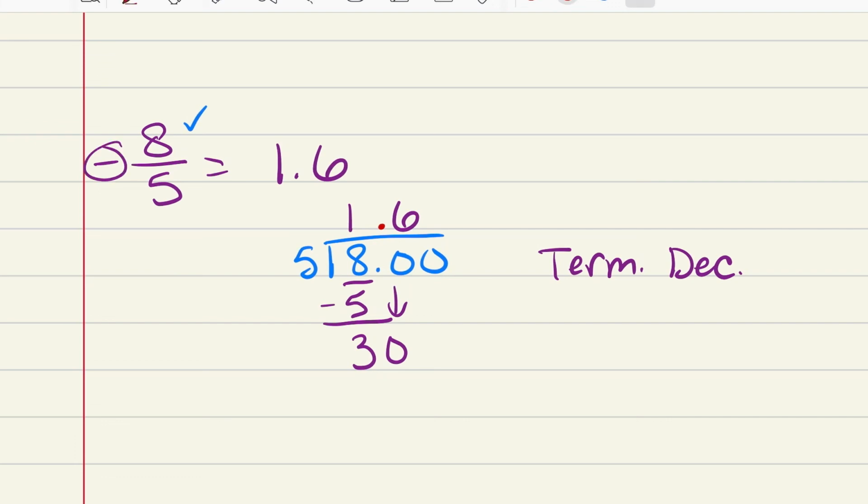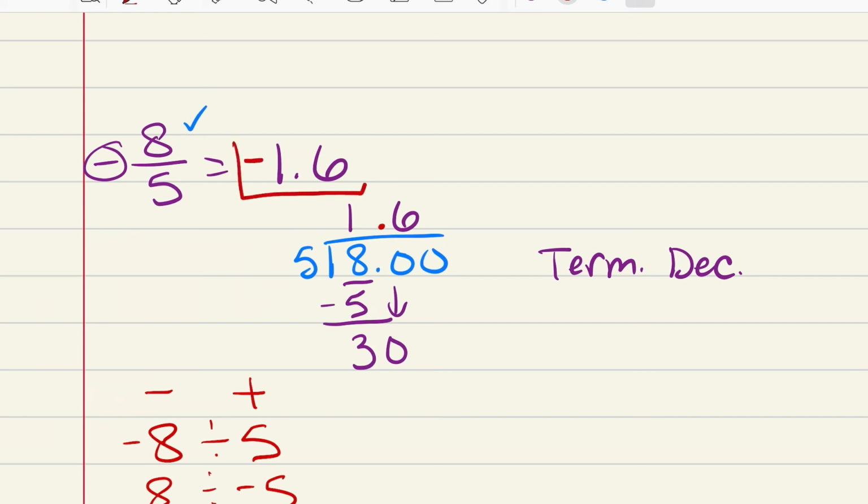We're not gonna do it because we have -8 divided by 5, or 8 divided by -5. Okay, you don't want to forget that sign there. And because they do not match, you have a negative and a positive, your answer will be negative. Okay, your answer will be negative.